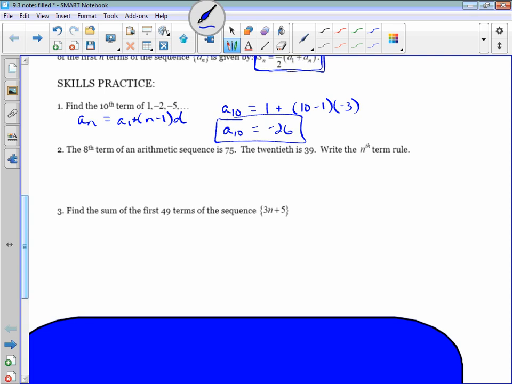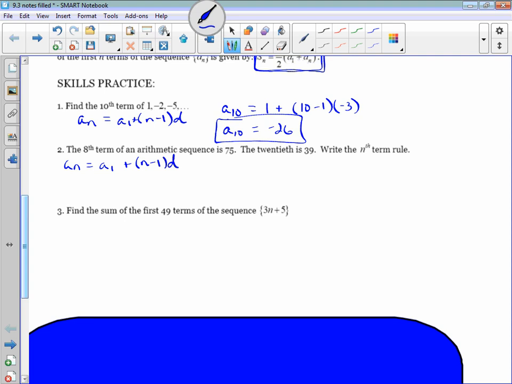Okay. So next one here, the 8th term is 75, the 20th term is 39, and we have to come up with a rule. So again, we're going to go back to this formula, a sub n equals a sub 1 plus n minus 1 times d. I'm just making you write that over and over so it'll be ingrained in your head. So we're going to write this once for the 8th term and once for the 20th term.